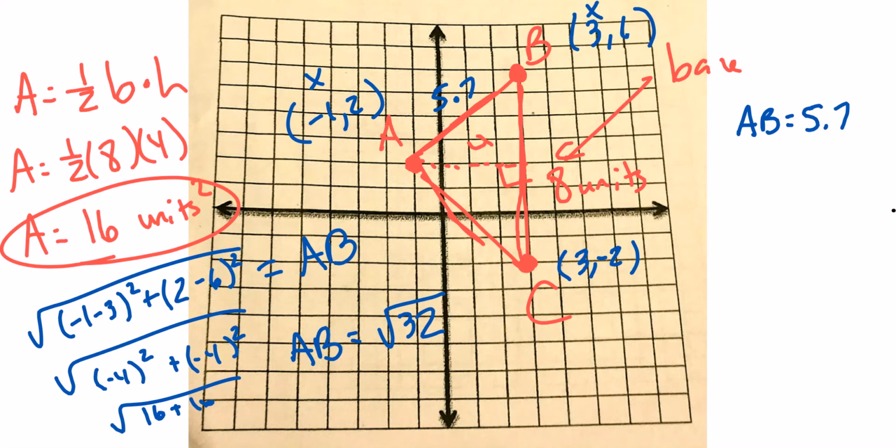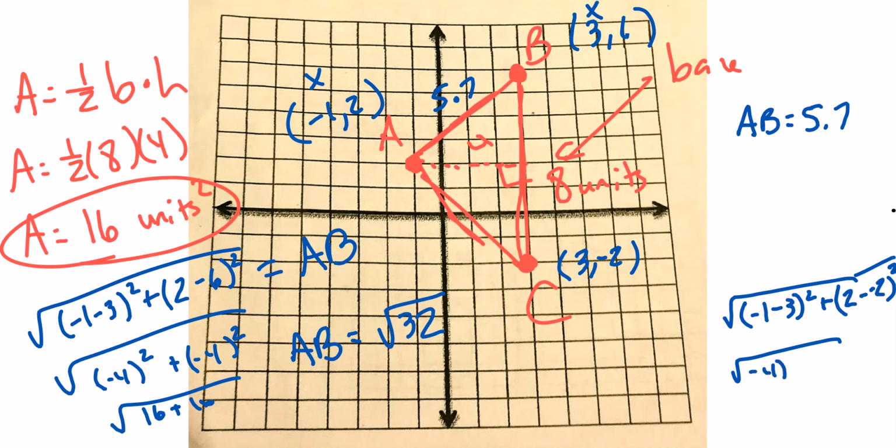Now I'm going to do the same exact thing for AC. So I'm going to use A, and this time I'm going to use C. So I do the square root. I'm going to do -1 for A minus the x from C, so that's 3 squared. Now it's going to be plus 2, the y from A, minus -2. Remember, it's squared. So once again, I'm going to get the same exact thing.